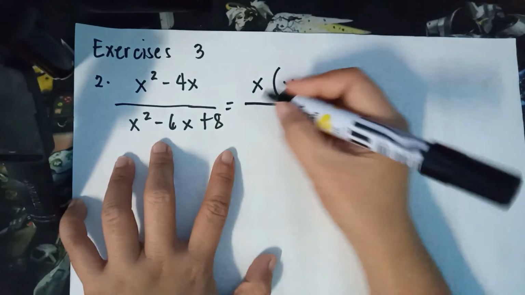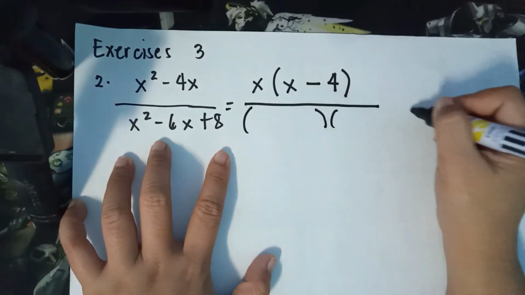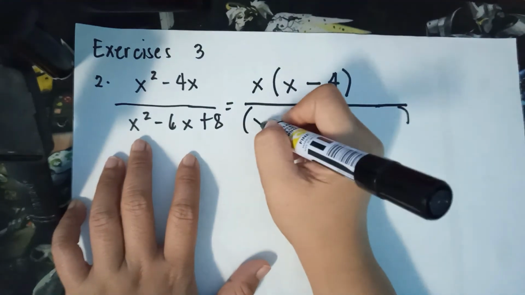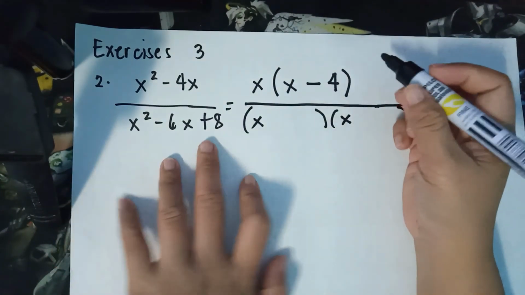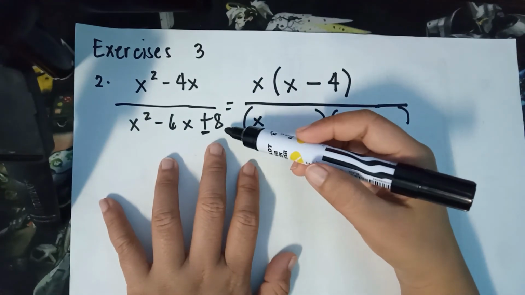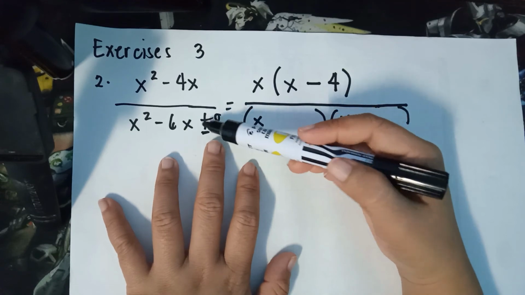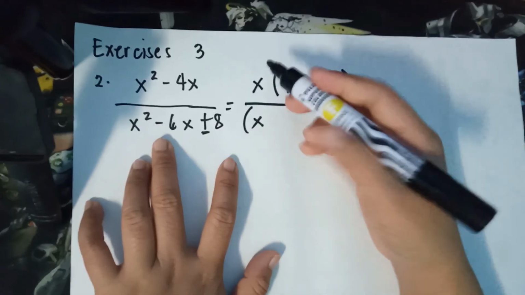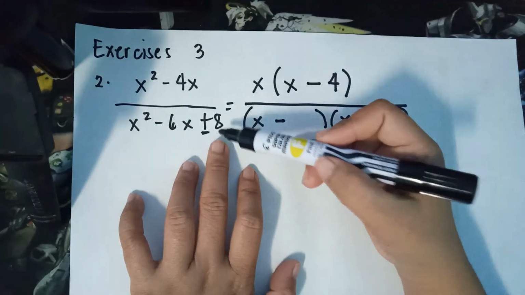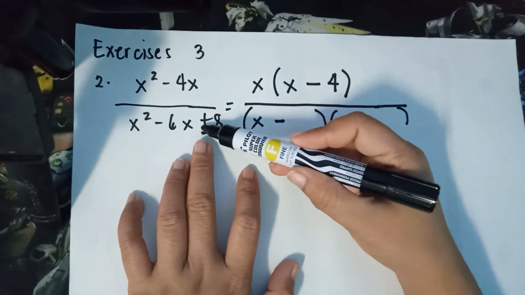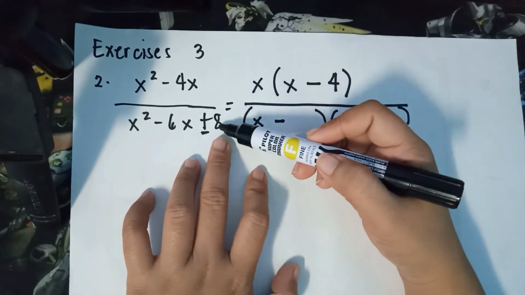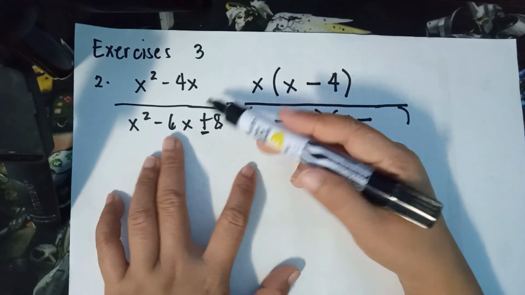Now, since this is a trinomial, we will prepare two parentheses. Factors of x squared are x and x. Since our last term is positive, they have the same sign. And what are those signs? Of course, negative, which is our middle term. Next, what are the factors of 8 that if you add, the answer is 6?